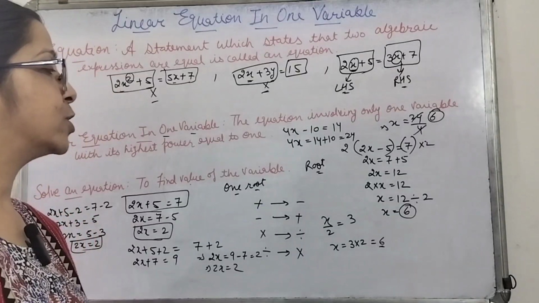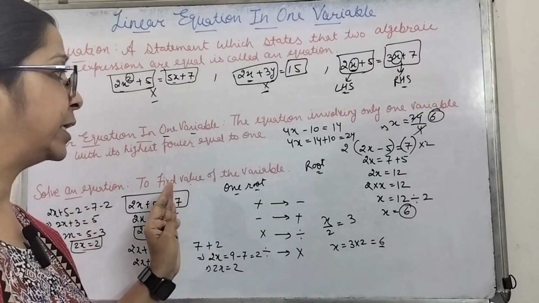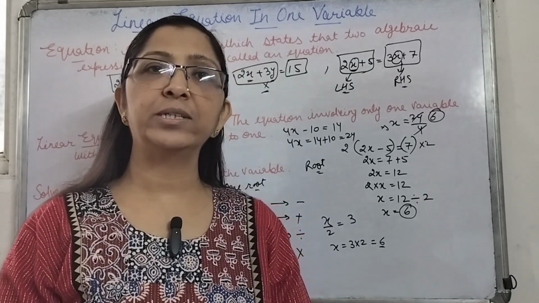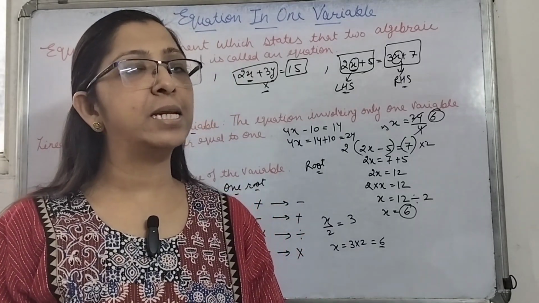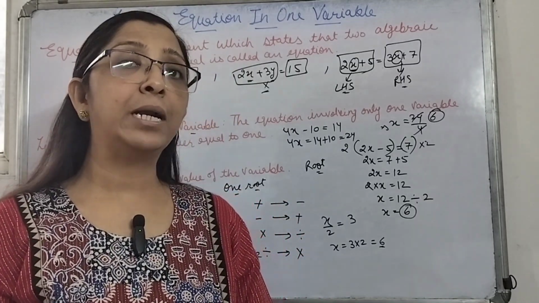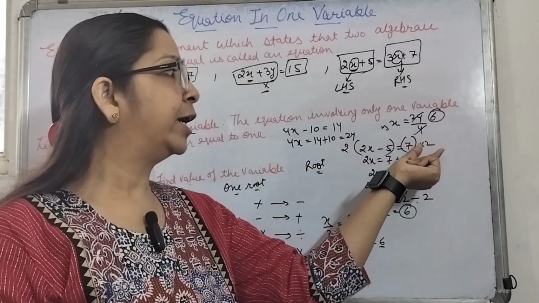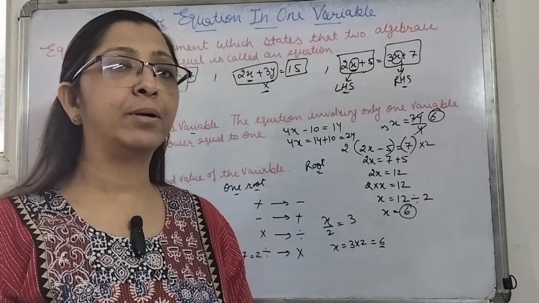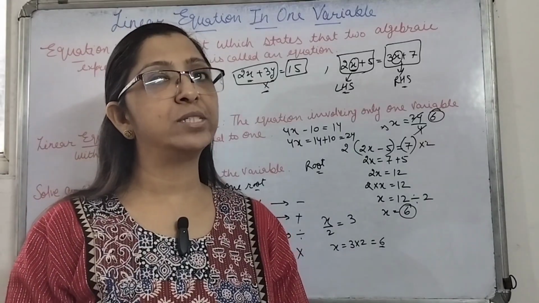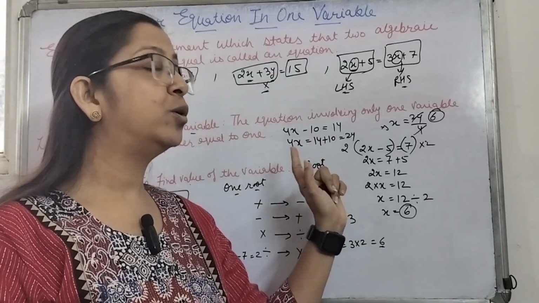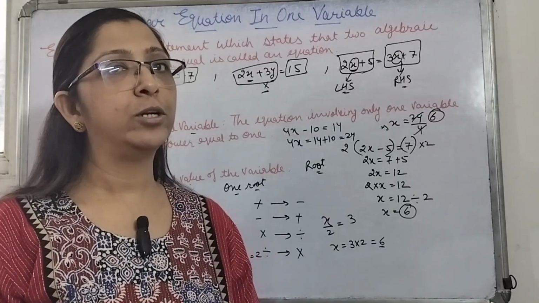That means while we are solving any given linear equation, we can add the same number in both directions, we can subtract the same number in both directions, we can multiply the LHS part and the RHS part by the same number, but the number should be non-zero. It should not be equivalent to 0. Similarly, for division also, the number should not be 0.